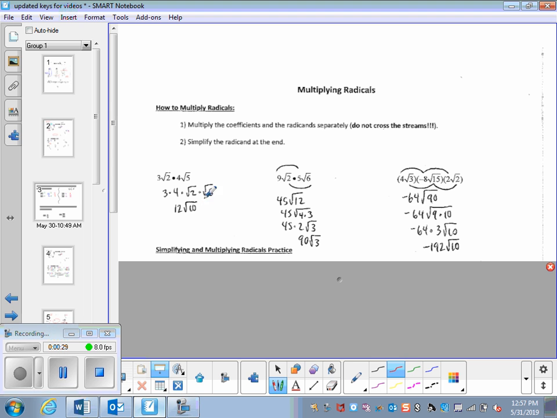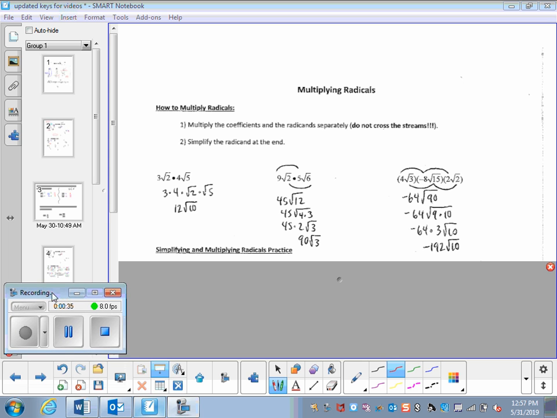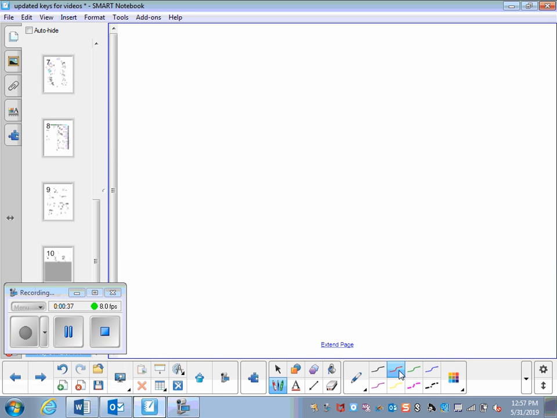Now, it might not make sense to you why the square root of 2 times the square root of 5 would actually multiply to be the square root of 10. And I'm going to show you with a couple of examples here. If I take the square root of 9 and multiply it by the square root of 9, well, the square root of 9 is 3. The square root of this 9 is 3.